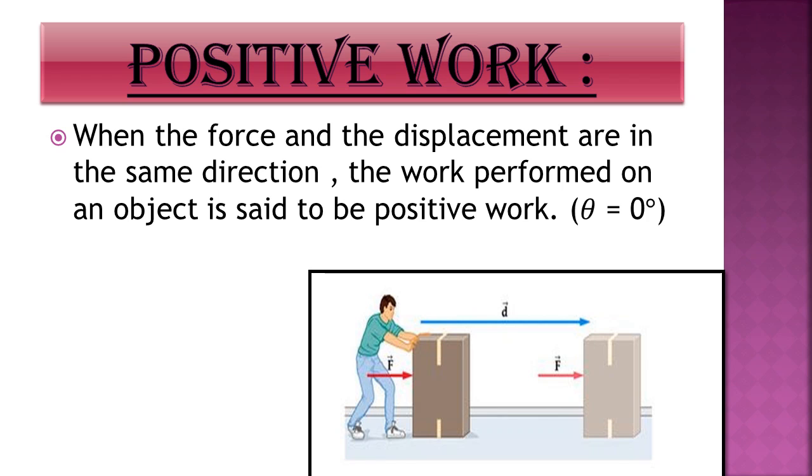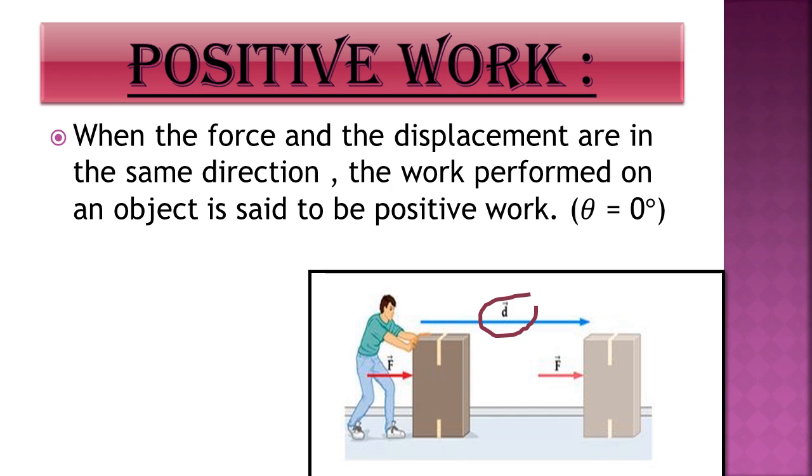The force and displacement, both are in the same direction. So in this condition, work done on an object is said to be positive work, and here the angle theta is equal to 0 degree.